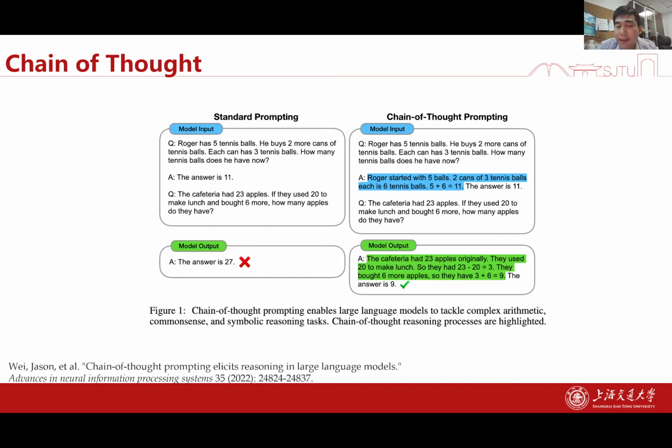And there are some theories that try to understand why chain of thought can improve the performance of language models. One of the key reasons is that by using the chain of thought, you can reuse the model multiple times.